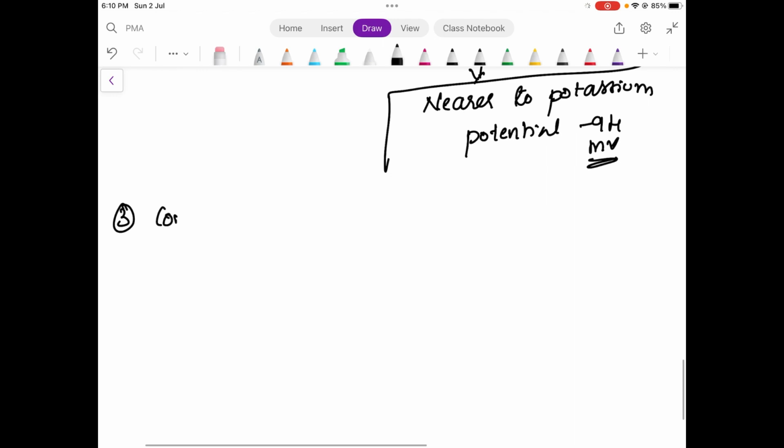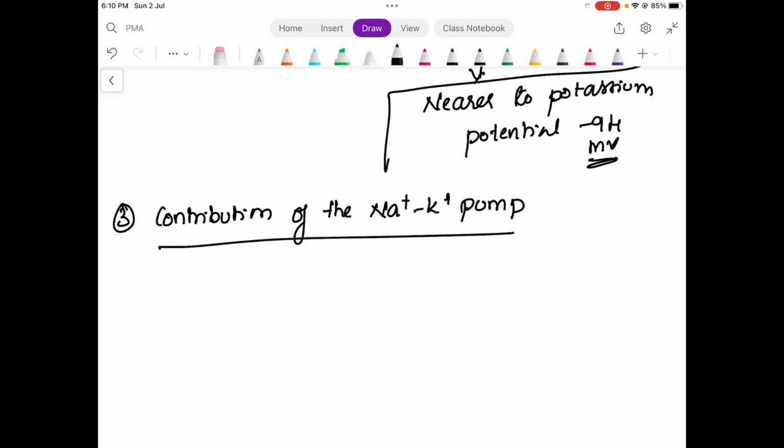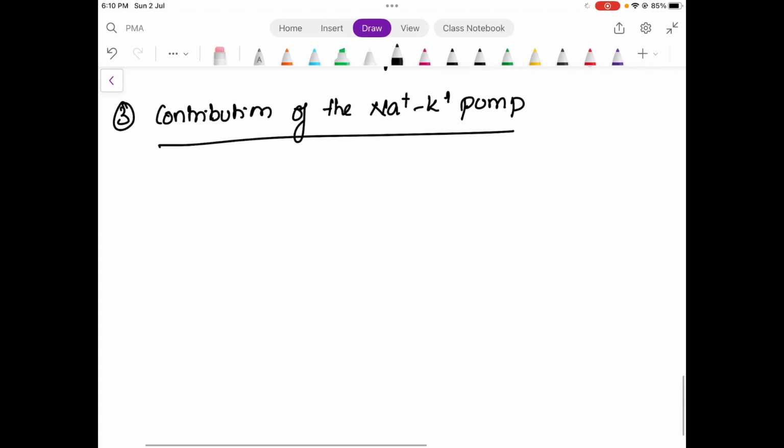Next contribution is through the sodium potassium pump. What is the function of the sodium potassium pump? It will pump 3 sodium outside and 2 potassium inside.